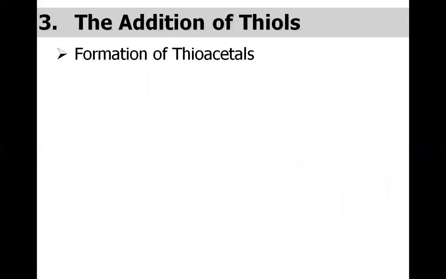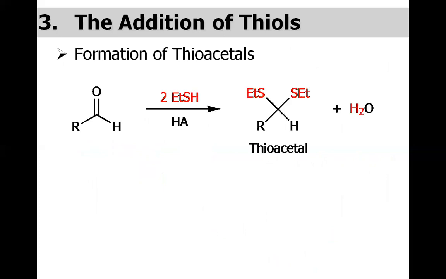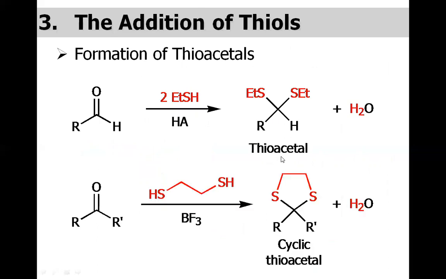Now let's discuss the addition of thiols. It is similar to the addition of alcohols. The only difference is the sulfur. So we have this thioacetal, and if we take a dithiol in the same molecule, we have this cyclic thioacetal. So what is the utility of making this cyclic thioacetal?